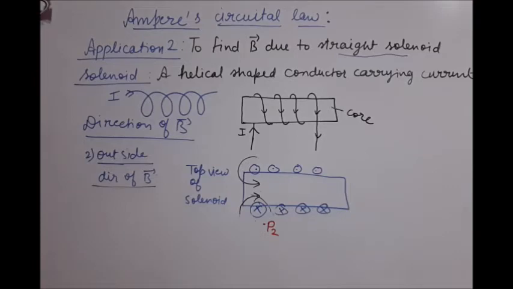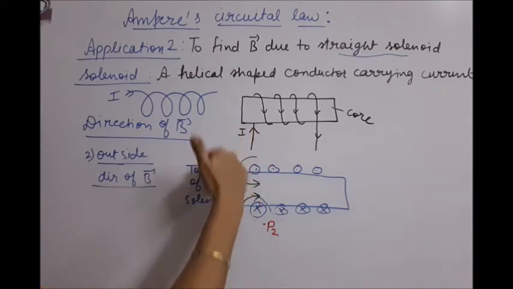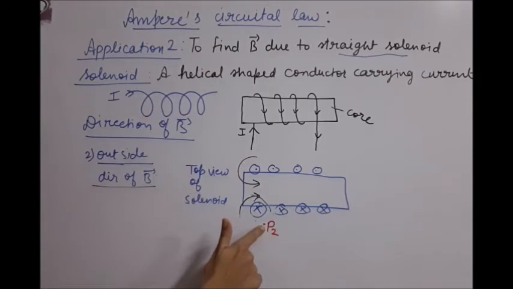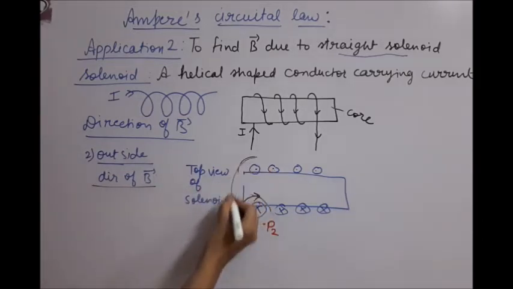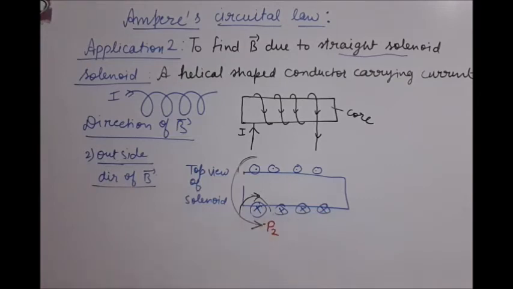Again the same thing: this current is flowing outwards, so fingers are curling like this. But now we have to take the bigger loop which will reach point P2. So remove this direction and make a bigger loop here. Due to this first current, the magnetic field is in this direction.